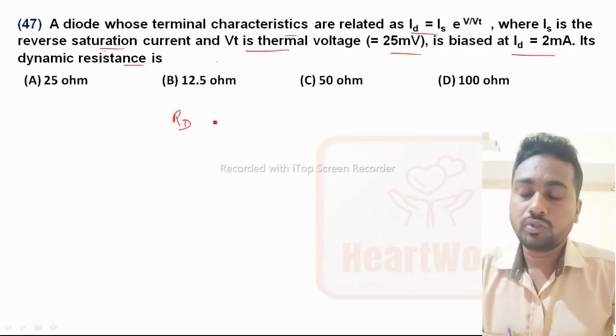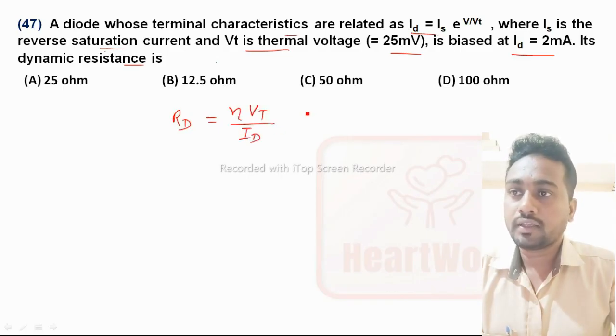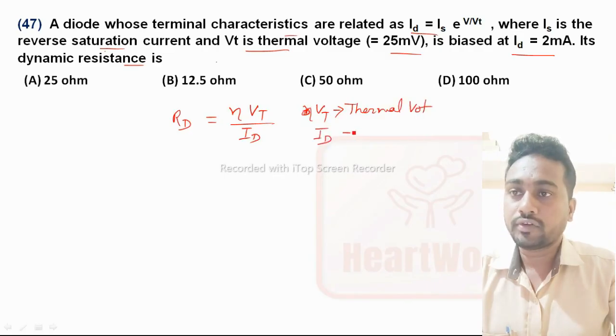This is Rd. Rd means dynamic resistance or AC resistance, which is equal to eta Vt by Id, where Vt is the thermal voltage, and Id is the drain current. This eta is called the recombination factor.